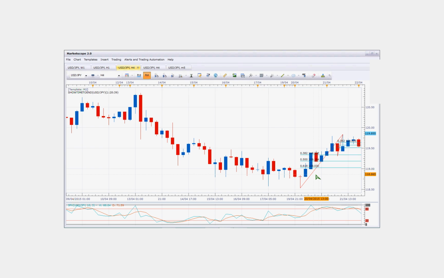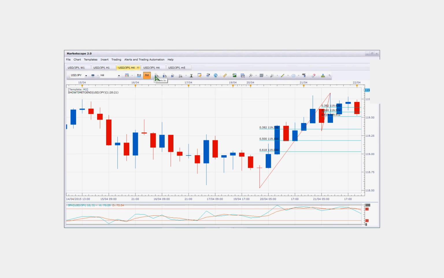Okay, so Vicky, can you please explain to everybody why you drew your fibs in that sense? Okay, so we're looking at this evening star here, and evening star by definition means that there's a potential for a correction. We're looking at the correction from this whole upward move, which is why I used the trough here to the highest point of this upward move to give the first fib.